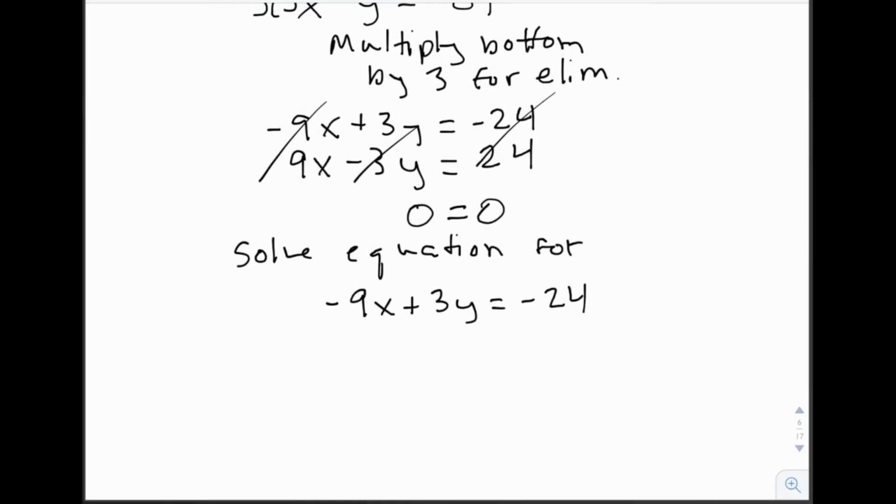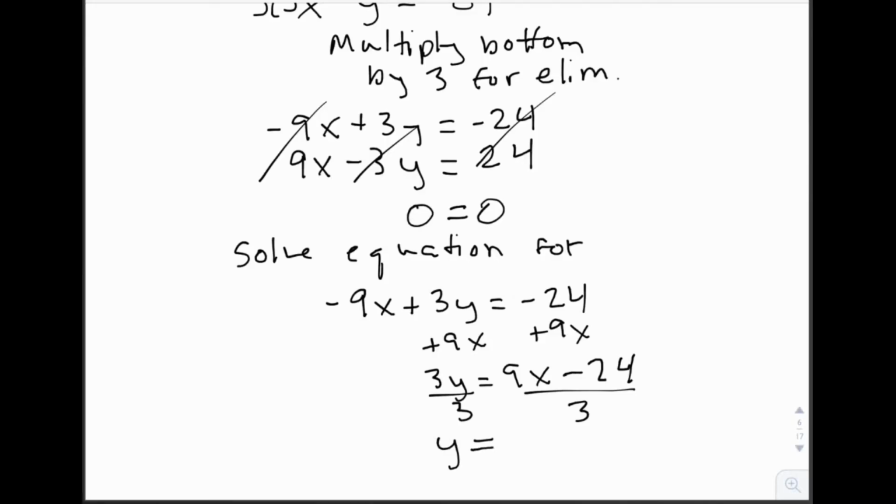We can add the 9x over to the right hand side, leaving us with 3y equal to 9x minus 24, divided by 3. That leaves us with the line y equal to 3x minus 8.